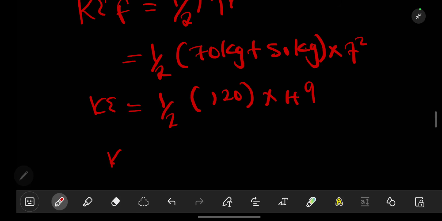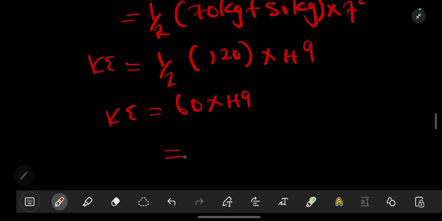So our KE should be equal to half times 120, which is 60, times 49. So this gives us 60 times 49, which will give us a value of 2,940 as our final kinetic energy.